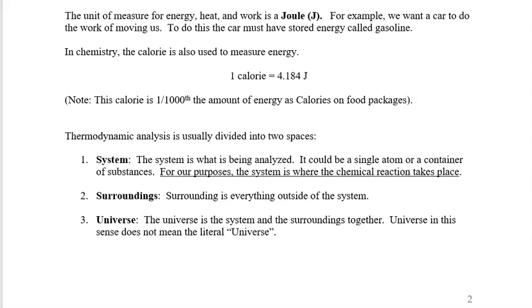So when you see 250 calories on a bag of Doritos, that's really 250,000 of the calories that we use in chemistry. And you use a capital C to denote food calories as opposed to chemistry calories, which are the lowercase c. So we're interested in chemistry calories. We'll never talk about food calories in this class.